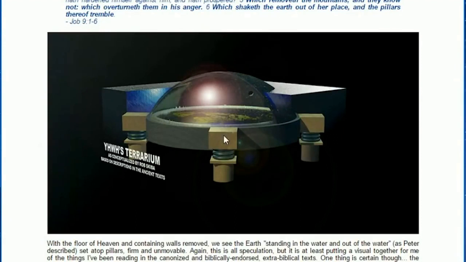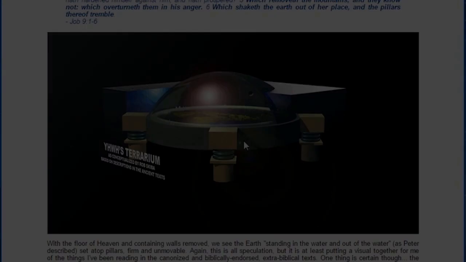One of the ends kind of goes up and down slowly. That may explain the tides, maybe. I don't know, I'm just guessing, just kind of thinking out loud. But something like this would certainly allow for the earth to remain firm on its pillars, but still have the ability to shake it up from time to time as needed.